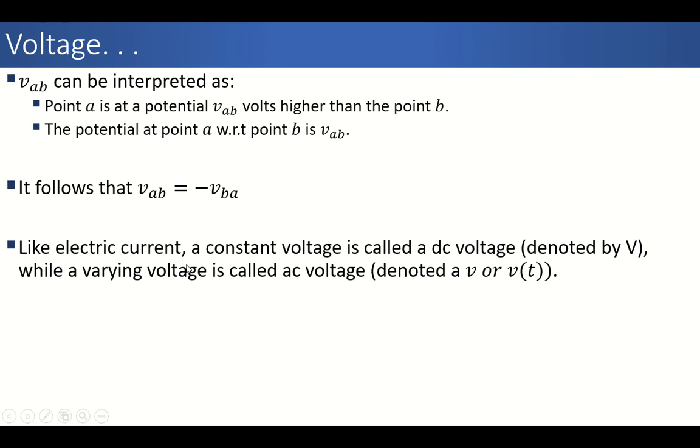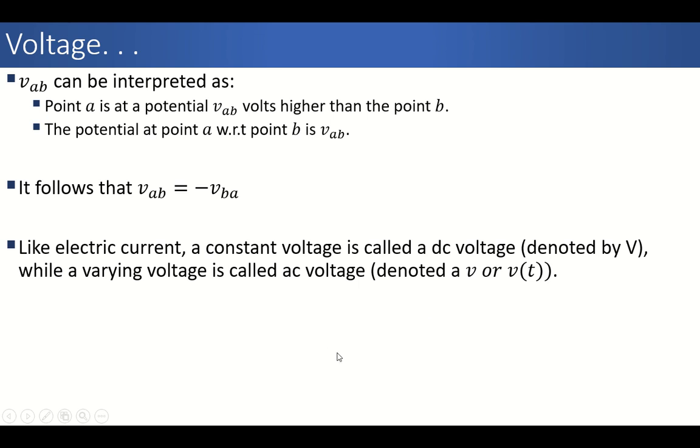Like electric current, a constant voltage is called a DC voltage and it is denoted by capital V, while a varying voltage is called an AC voltage, and it is denoted by small v or v of t. In this case, AC voltage changes with respect to time, but a DC or constant voltage is fixed, it does not change with respect to time.